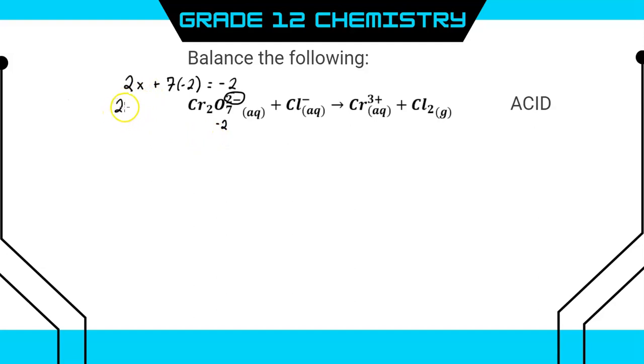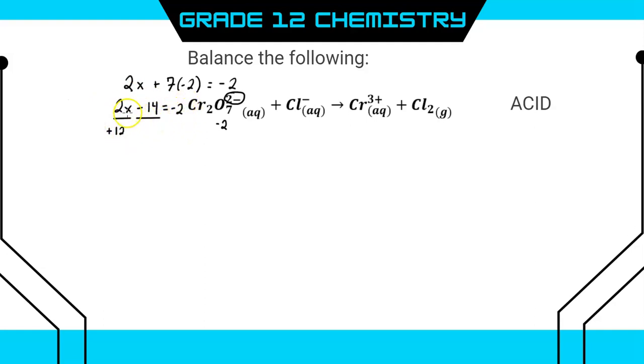We have 2X minus 14 must equal -2. We have a total of -14 charge with the 7 oxygens, and this must be a total of positive 12 for the total charge to sum up to -2.